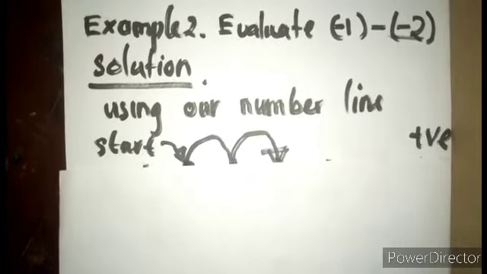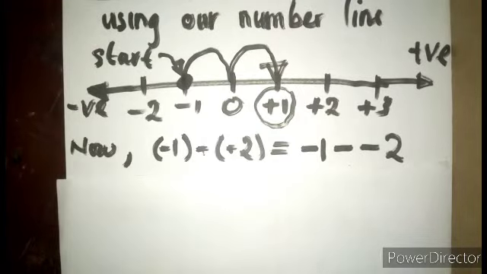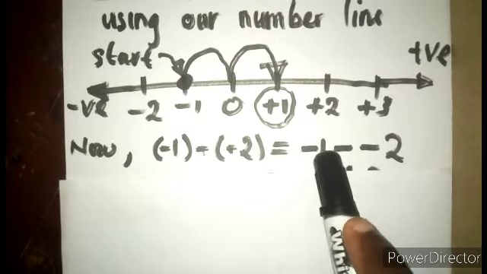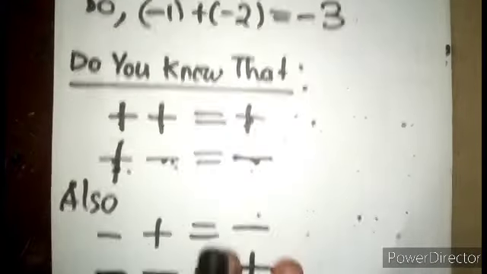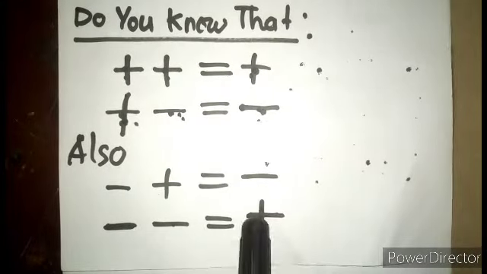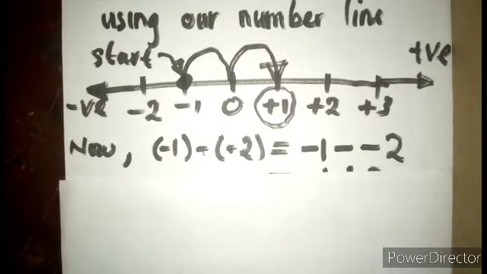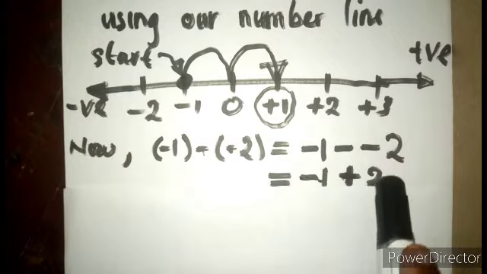Before we use our number line system, opening the brackets, negative 1, negative, negative 2 literally is negative 1, negative, negative 2. And also, we know that negative, negative is positive. So negative 1, negative, negative 2 becomes negative 1, positive 2.